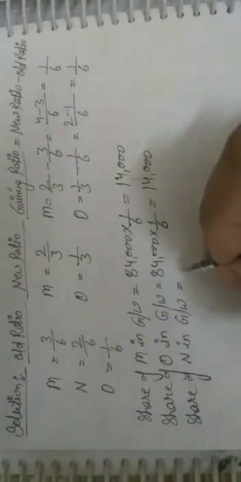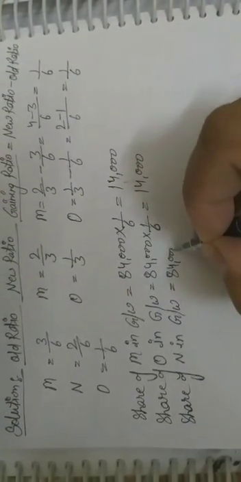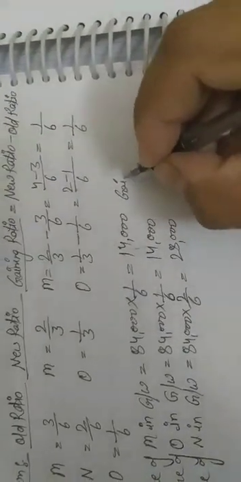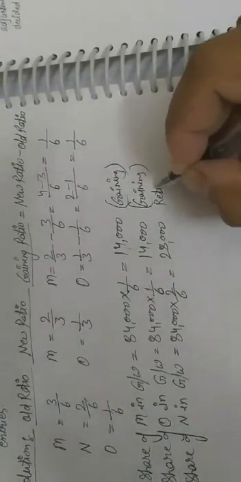And next, the share of N in goodwill is 84,000 multiply 2/6, that is 28,000. M is gaining, this one is also gaining, and N is retiring.